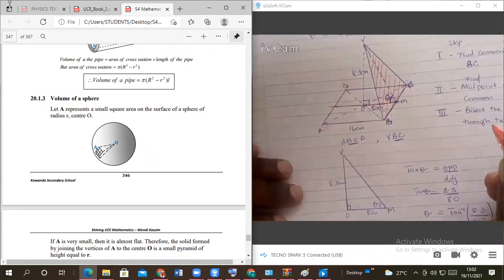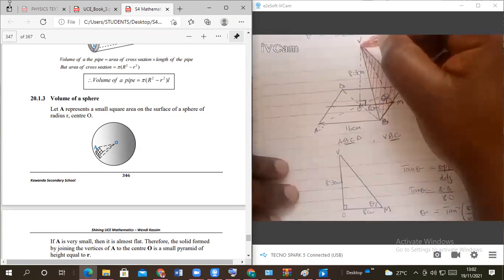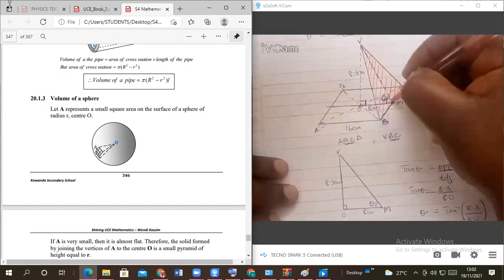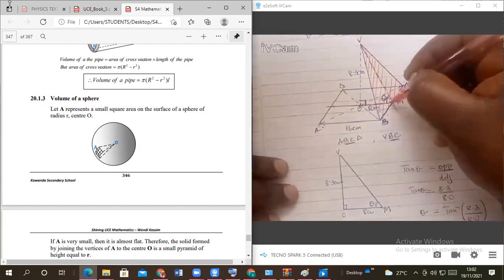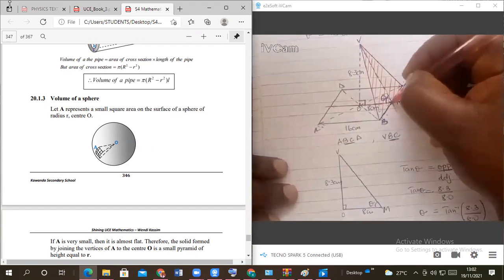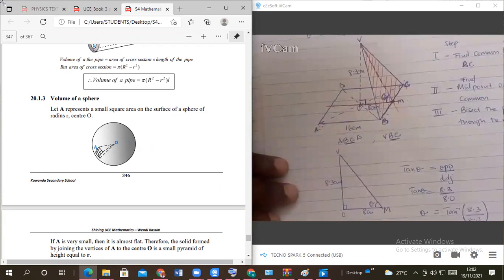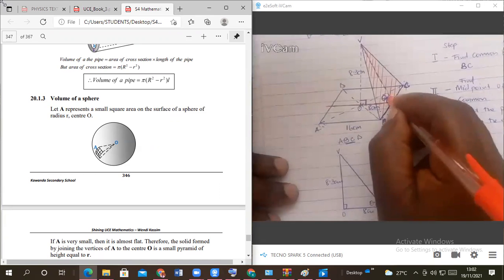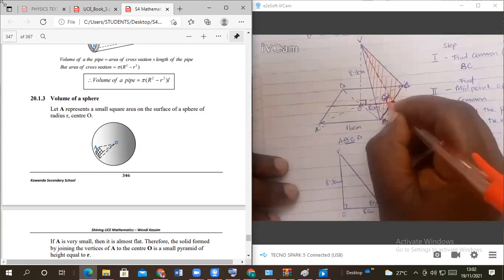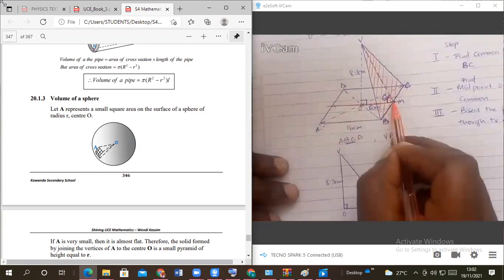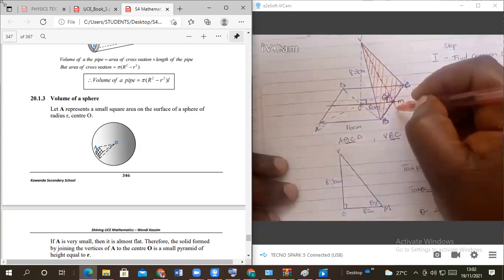And then this is the line bisecting the other plane, VBC, and it also meets at M. They all meet here at M. So the angle in between those two lines is the angle between the base and the plane.